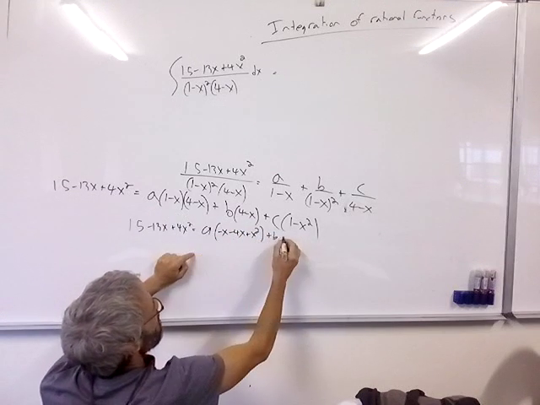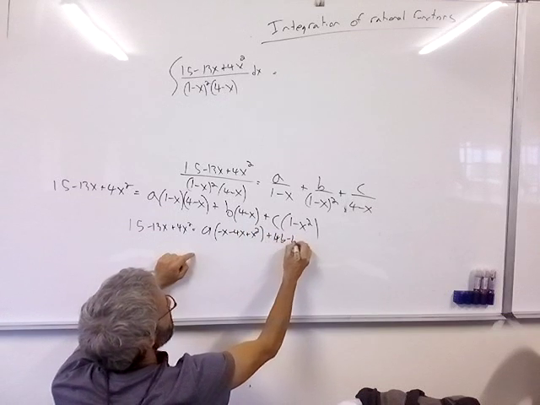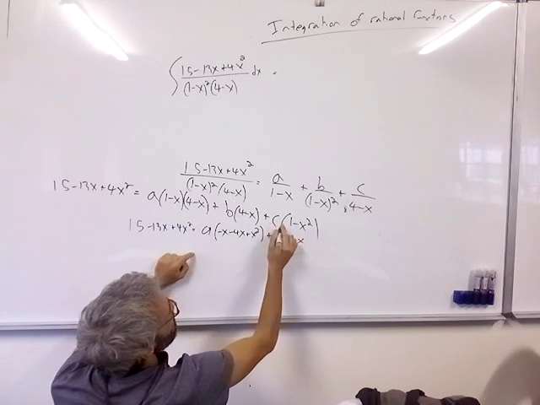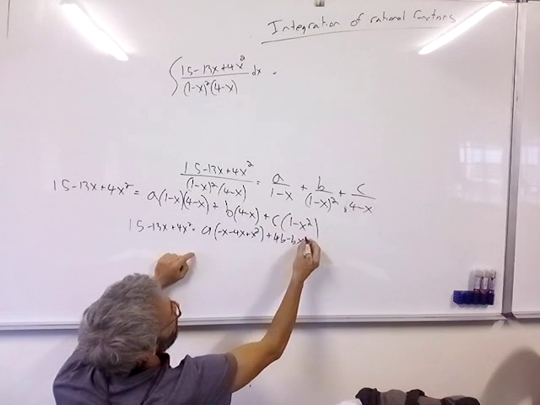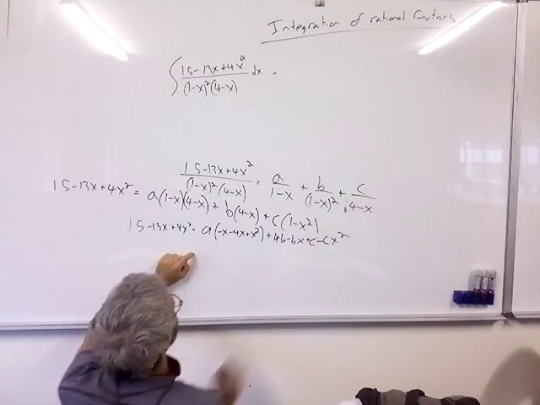So b times 4, 4b minus bx. And then this is c plus c minus cx squared.